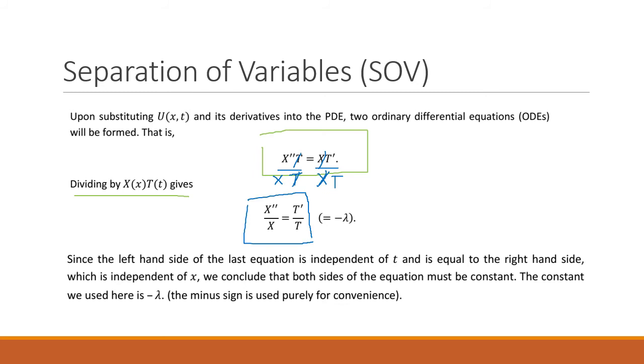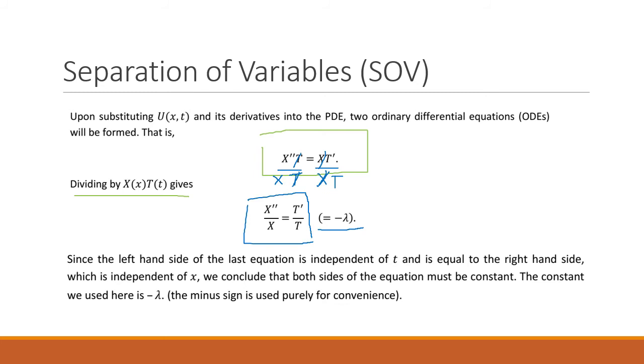And then since the left hand side of the last equation is independent of T and is equal to the right hand side, which is independent of X, we conclude that both sides of the equation must be constant. Okay, and then that's why kita equal to some constant. Okay, the constant we'll use here is minus lambda.